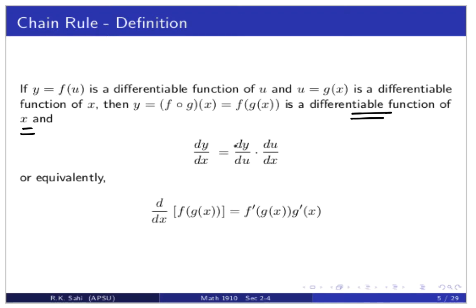So you differentiate y with respect to u, times the derivative of u with respect to x. In other words, if y is written as f of g of x, you're taking the derivative of f evaluated at g of x, times the derivative of g of x. That's the chain rule of a function of a function.